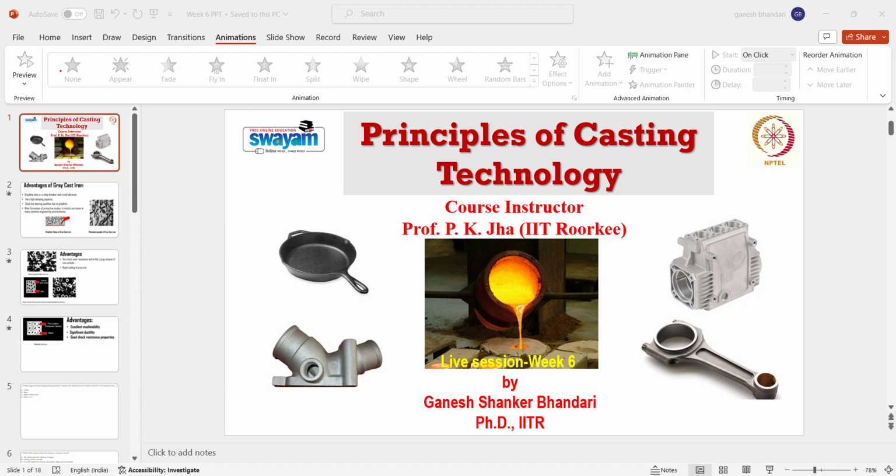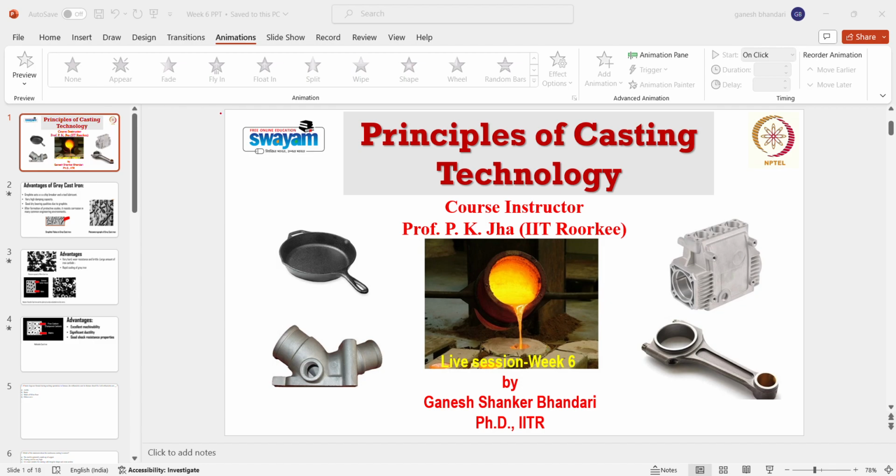Then coming to the second point, casting of alloy steel is relatively easier than that of cast iron. In casting, we need high fluidity, because if we are going to make intricate designs, complex designs, we need high fluidity in the system. If the system does not have high fluidity, your casting will not be easier.